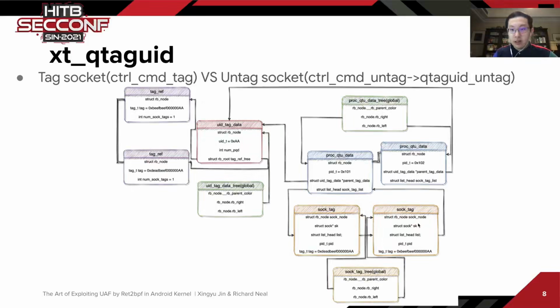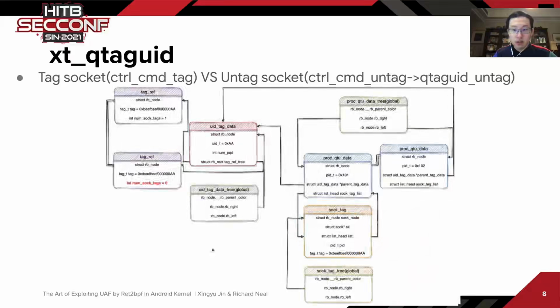While a socket is untagged, the reference count in the tag_ref gets decreased, and the sock_tag is unlinked and later freed by the kernel. You may also imagine the basic idea of how cleanup works: when the user closes the module, all the related sock_tag structures and proc_qtu_data may be unlinked and freed later.